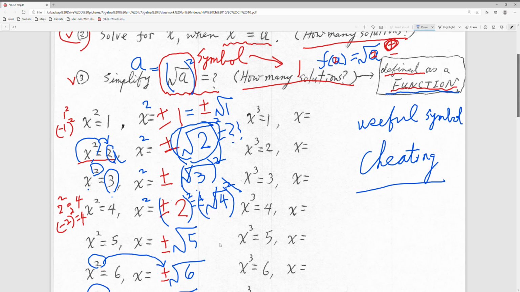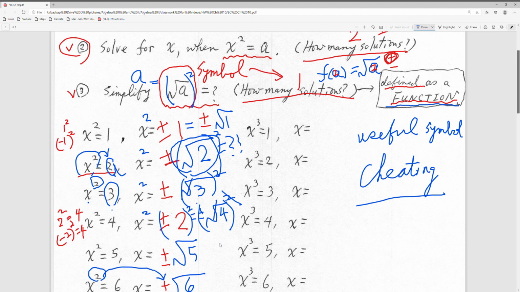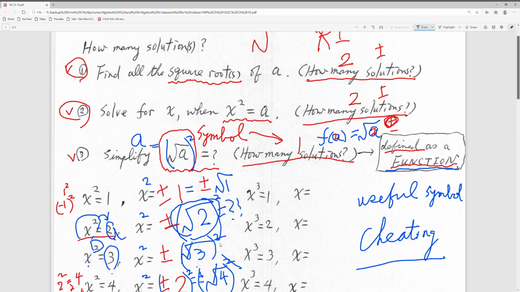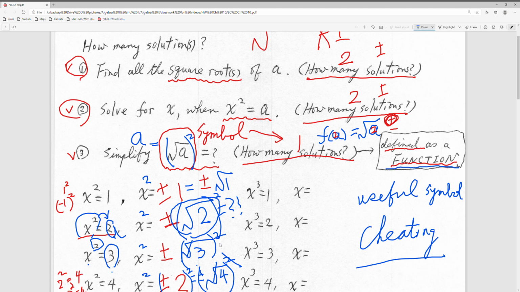Now, I think I explained why sometimes you have two solutions, sometimes you have one solution. One solution is only when you use this symbol, because this symbol means a function, so it needs to have only one answer. Otherwise, you're supposed to have two solutions.